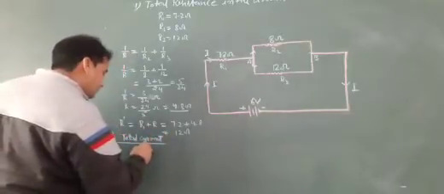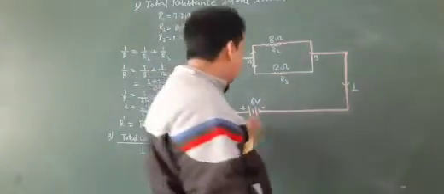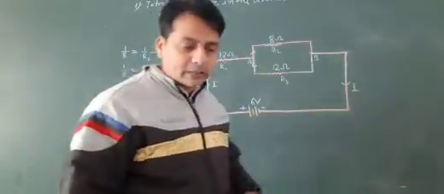Total current I. It is clear that a 6 volt battery is used in this circuit, and that is the potential difference.